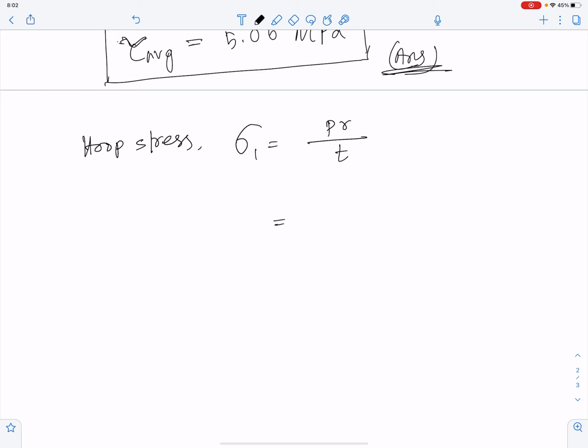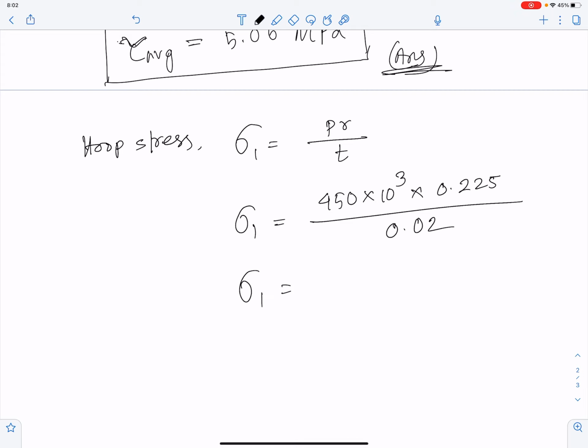So for this particular problem, pressure is 450 times 10 to the power 3 pascal, times the radius 0.225, divided by the thickness, which was 20 millimeter, which is 0.02.